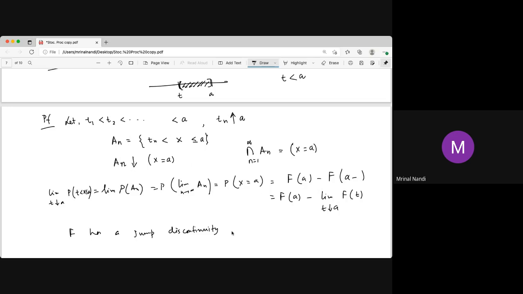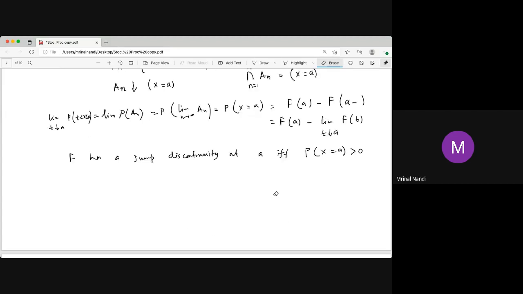It's called removable discontinuity, and the other is called non-removable discontinuity. There are two types of it: oscillating, and jump discontinuity. It is a jump discontinuity at a if and only if the probability of x equal to a is positive. This is a jump discontinuity.